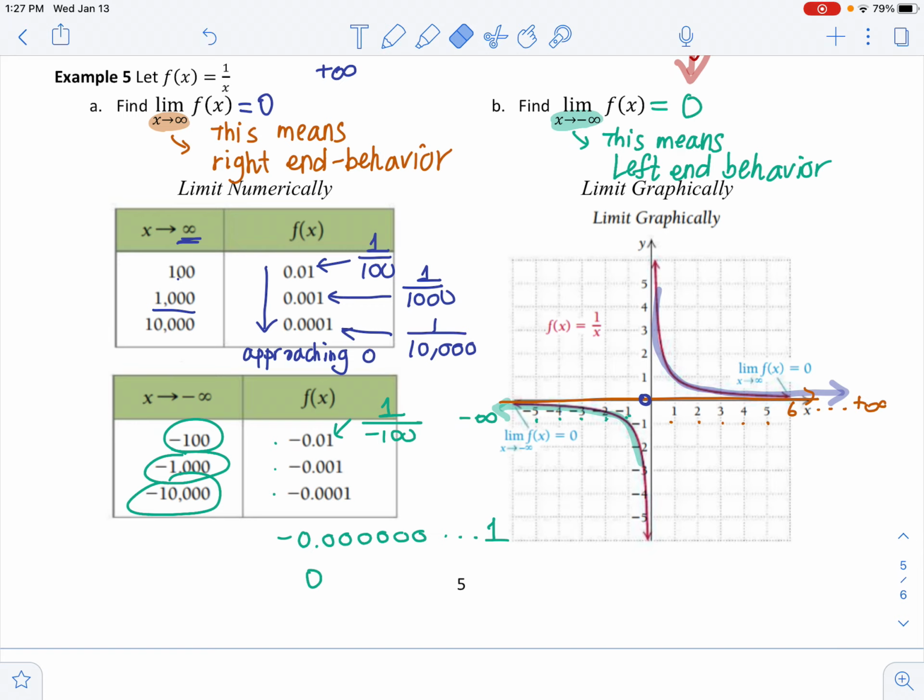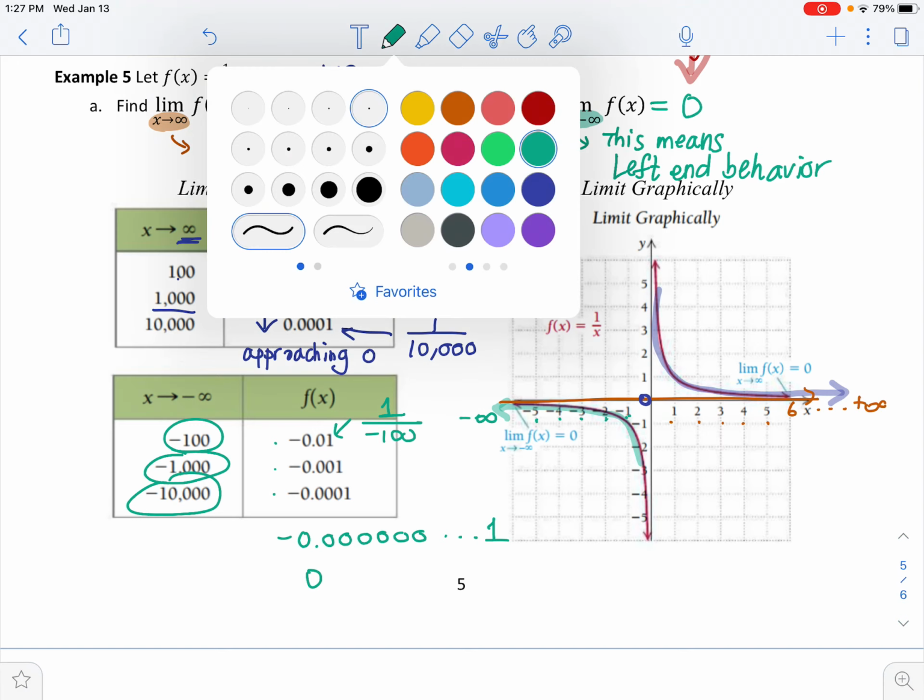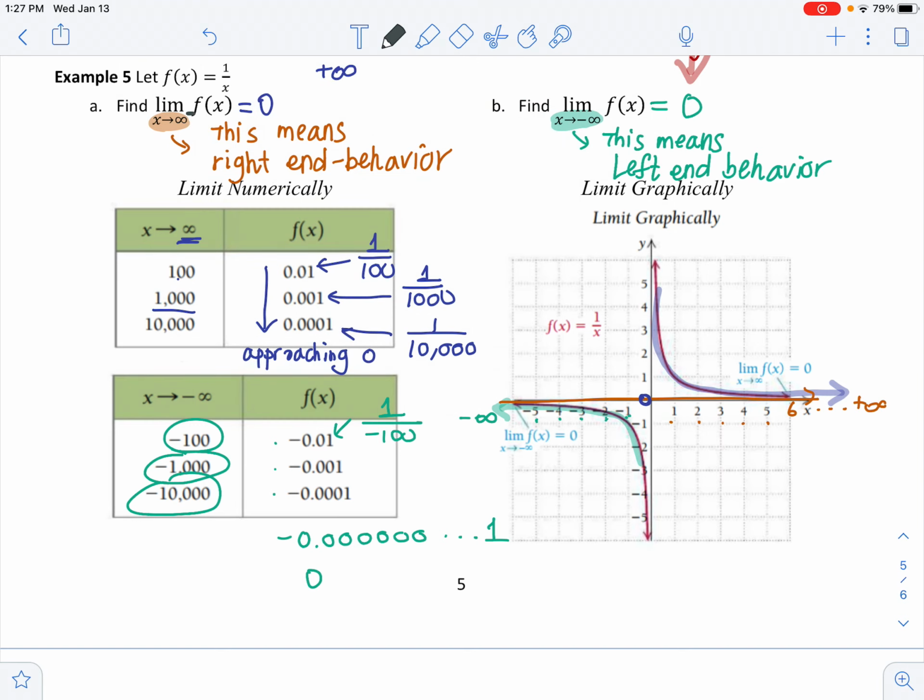But we're not going to be able to talk about a general limit because we weren't approaching infinity from the left or from the right. We didn't have a minus sign or a plus sign there, so these were not one-sided limits.